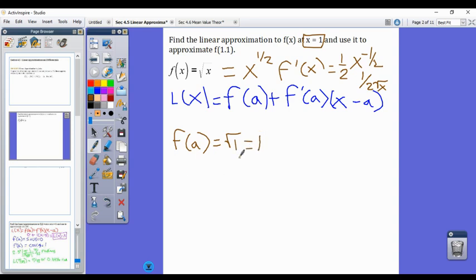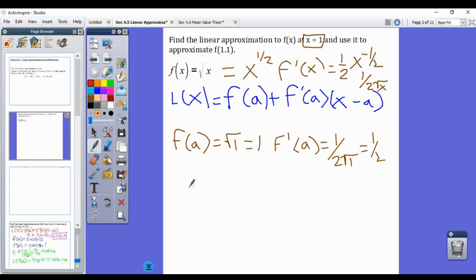And we are going to plug into my derivative, which is going to give me 1/2. Okay, so now I'm ready to plug in.